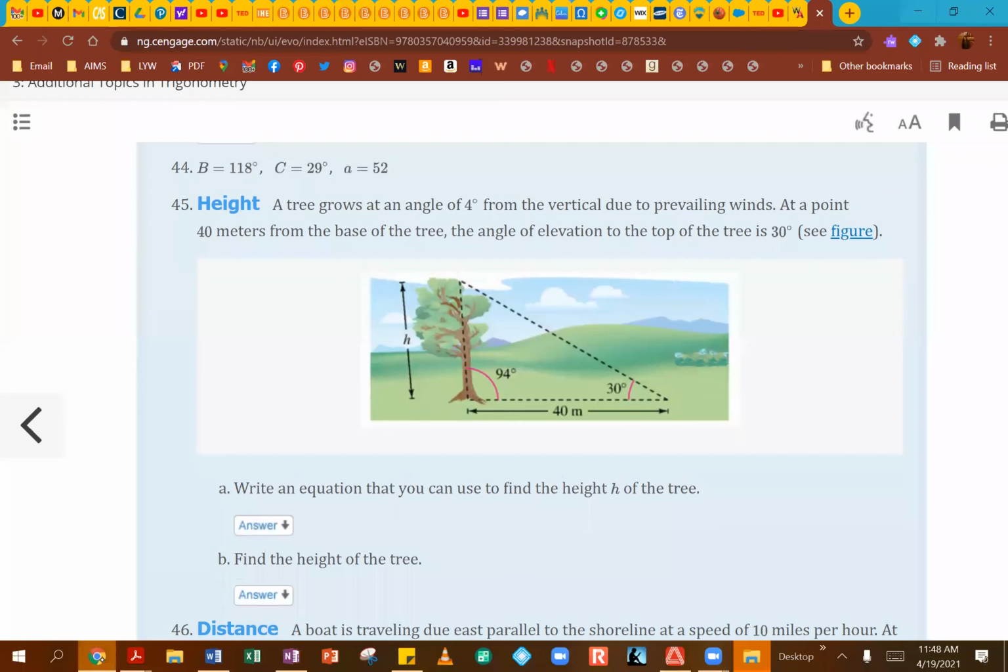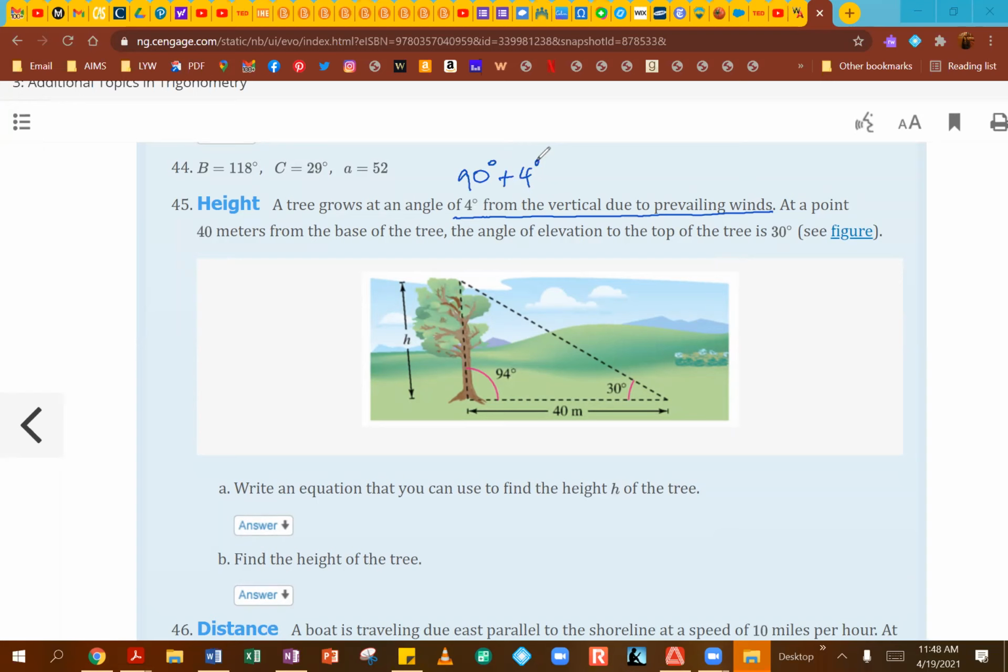So this one is saying a tree grows at an angle of 4 degrees from the vertical. So, you can see that instead of being exactly at a 90-degree angle with the ground, the tree is making a 94-degree angle with the ground. So that's your 4 degrees plus 90 degrees, which is how they're coming up with that 94 angle.